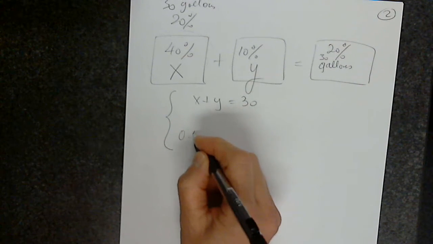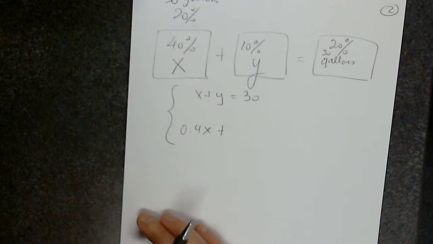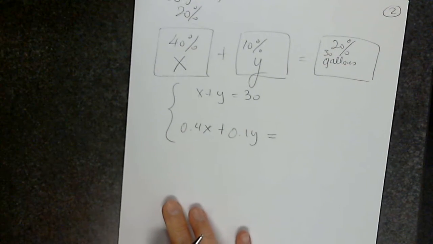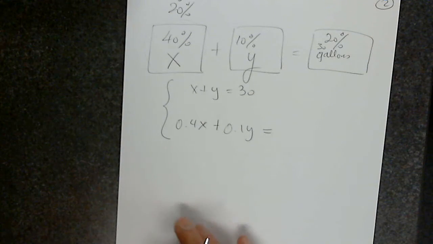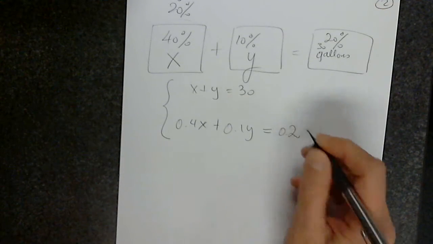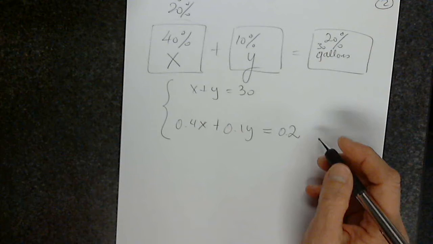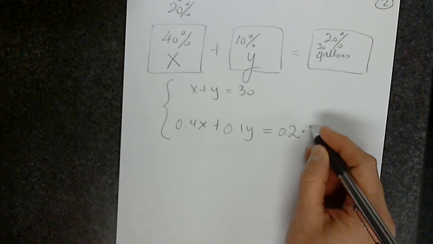Exactly. 0.4x plus 0.1y equals 0.2, like we did with all the other ones. It's okay. If you wrote it the other way, it's still the same thing. Of 30 gallons. Of 30.